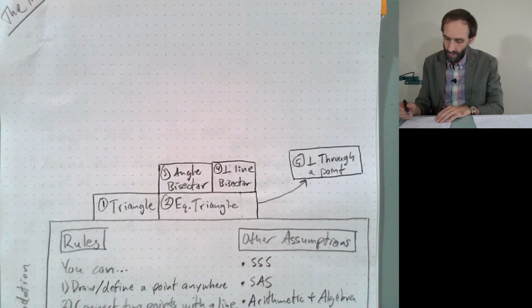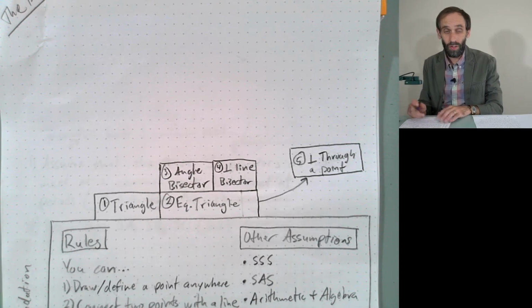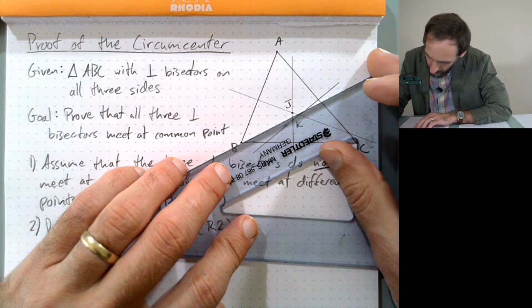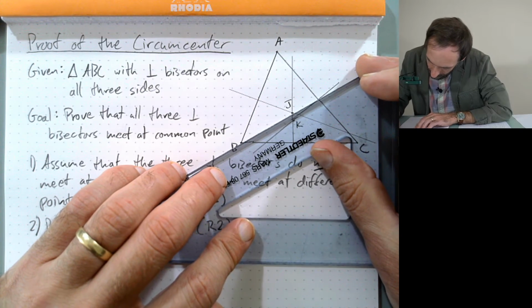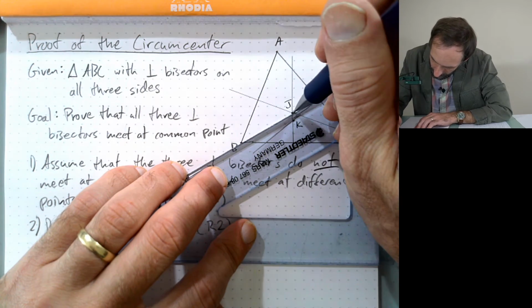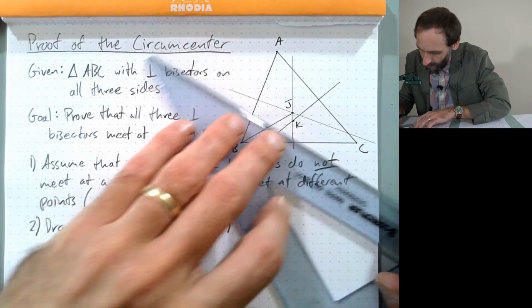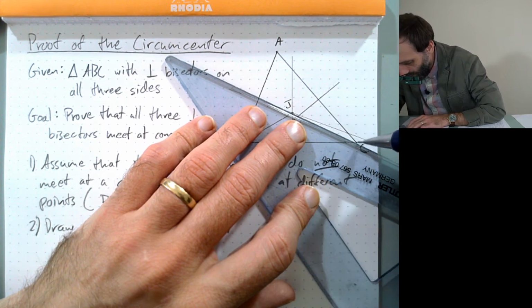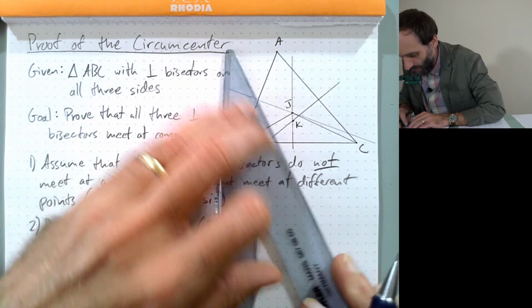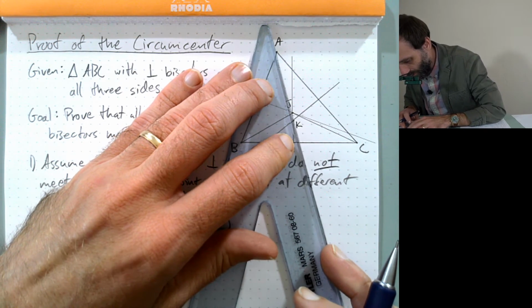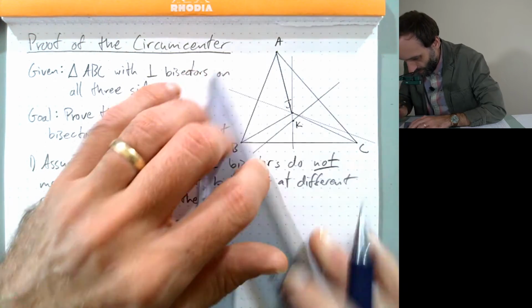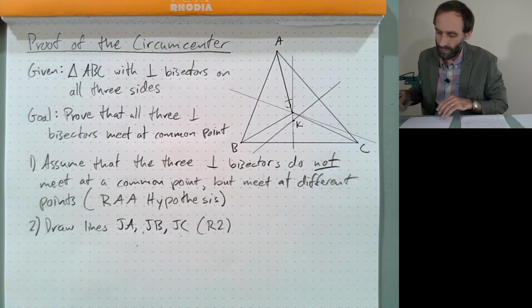Rule number 2 says I can connect 2 points with a line. Let's go ahead and draw in those lines on the diagram as well. We're going to be marking up this diagram quite a bit here. So I'm drawing these 3 lines. Like that. Okay.